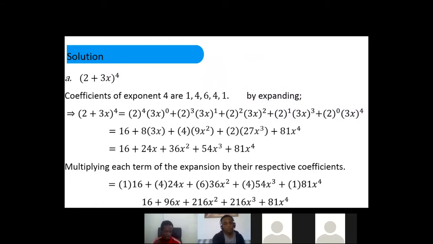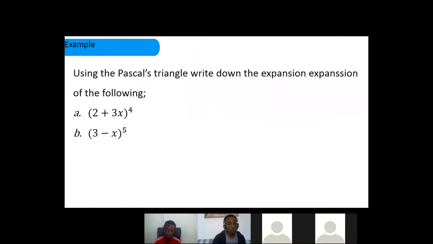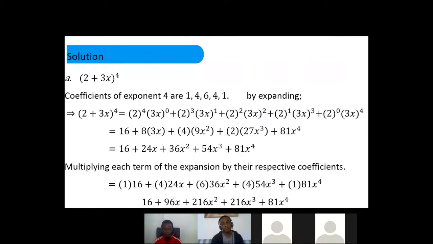Say 5. So first of all, we multiply 2 in a bracket times 3x in a bracket. You multiply and add 5 times. That is the first step.